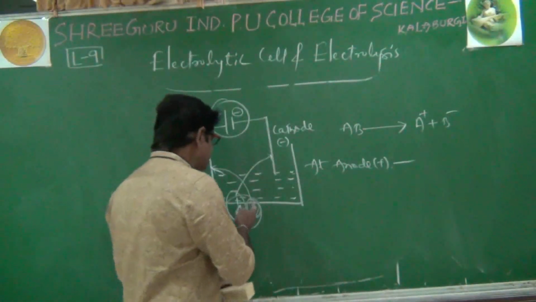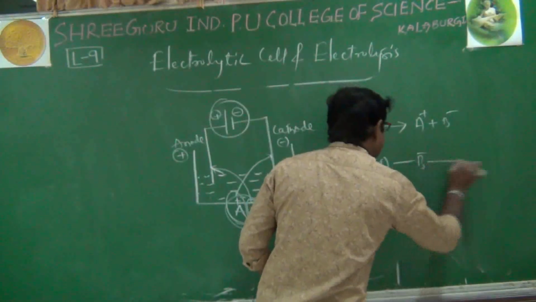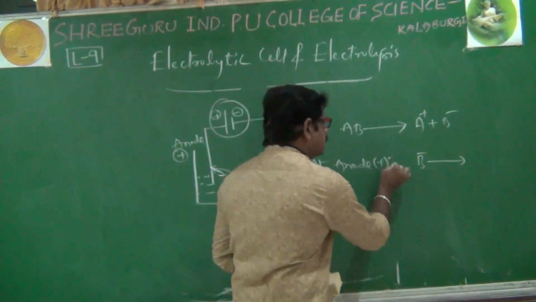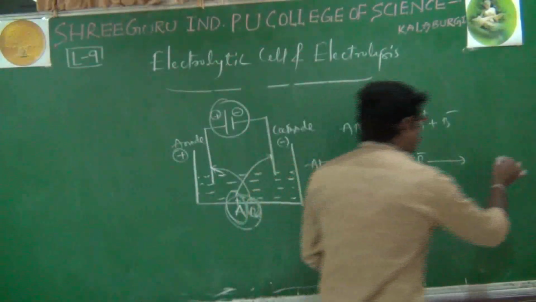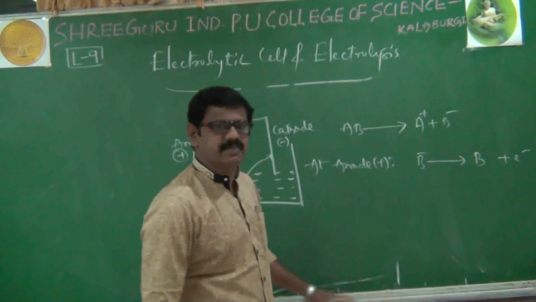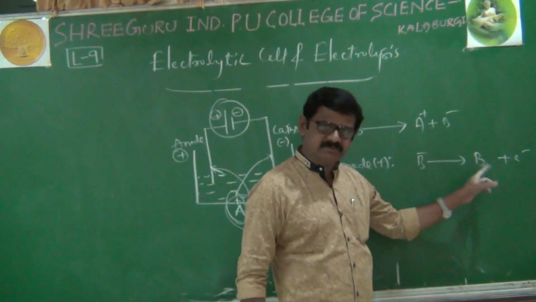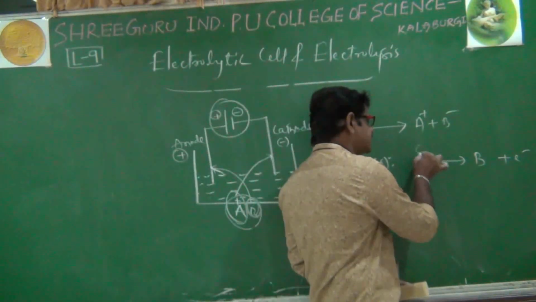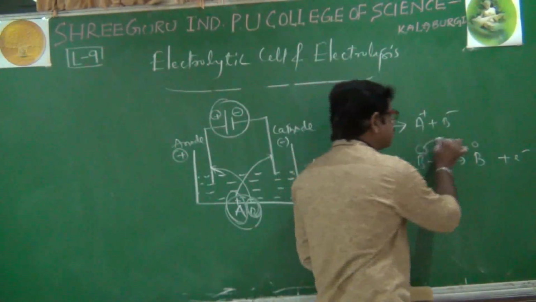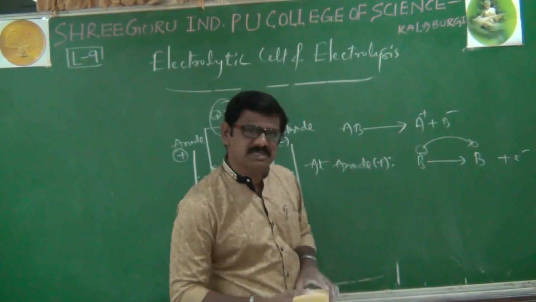B minus, after coming to the anode, by losing an electron, is converted to neutral B. B minus has oxidation state -1, B has oxidation state 0. -1 converted to 0 is an increase in oxidation state, which is nothing but the oxidation process.